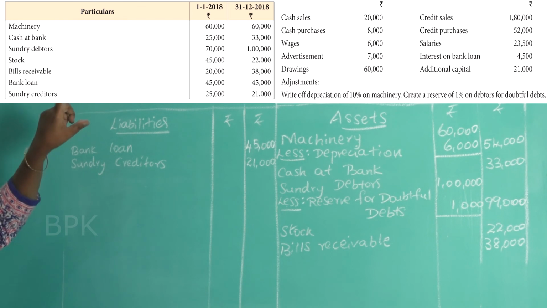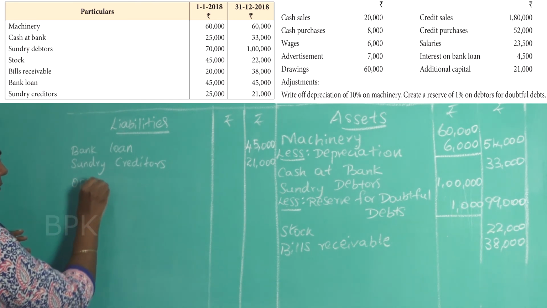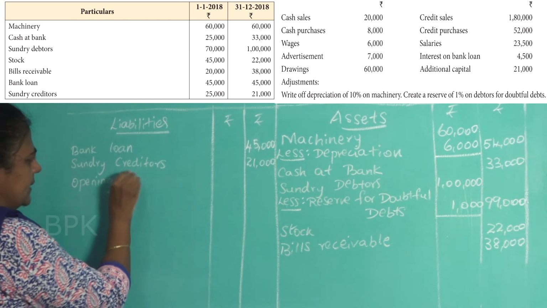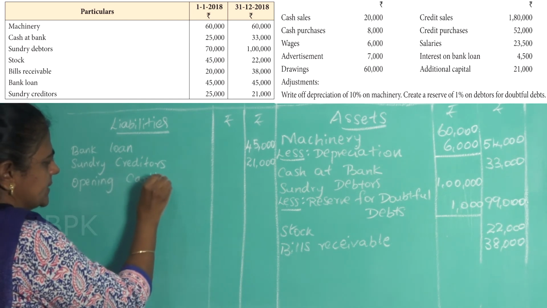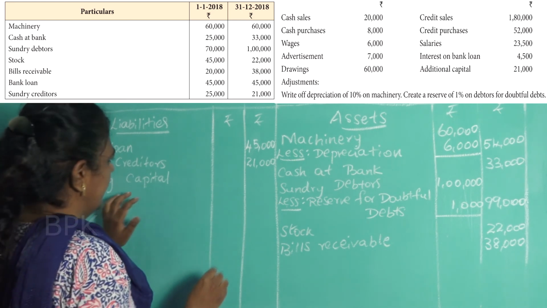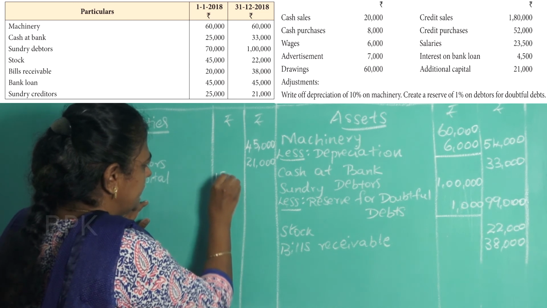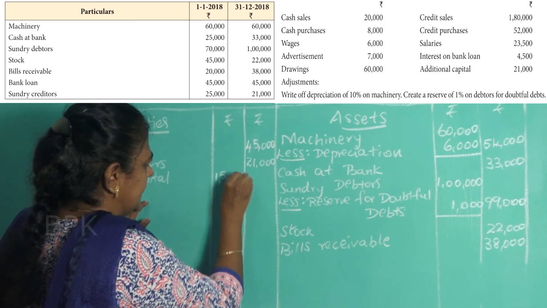What are the items given there? Drawings is given, additional capital is also given. Now you have to bring the opening capital. This opening capital you already found out by preparing statement of affairs. So bring it from the statement of affairs, already what you prepared. That is opening capital, write in the inner column 1,50,000 already calculated.